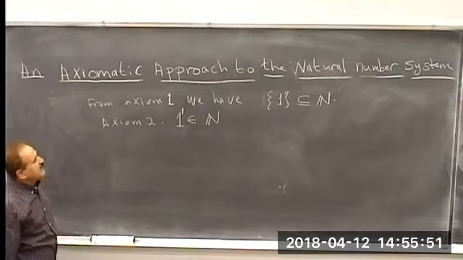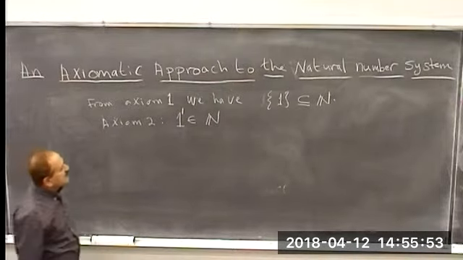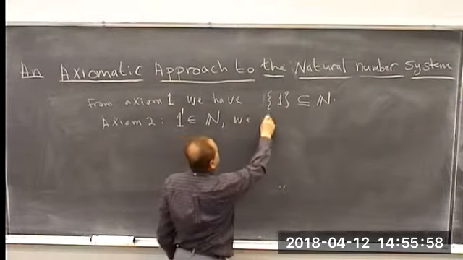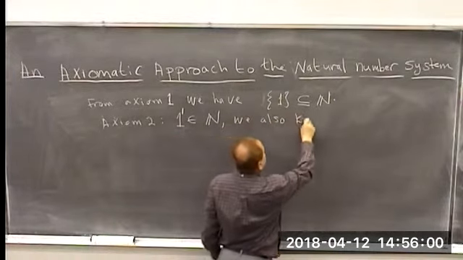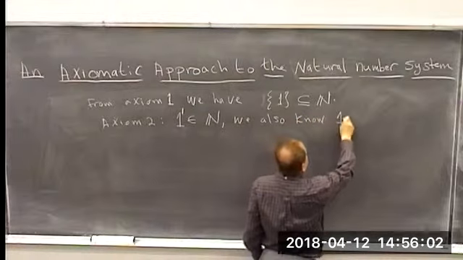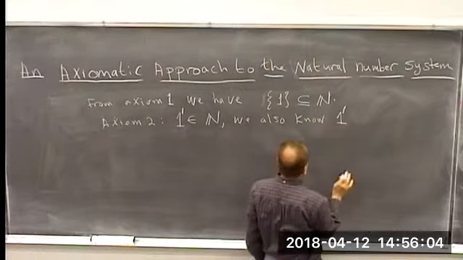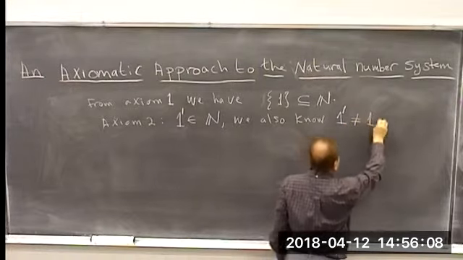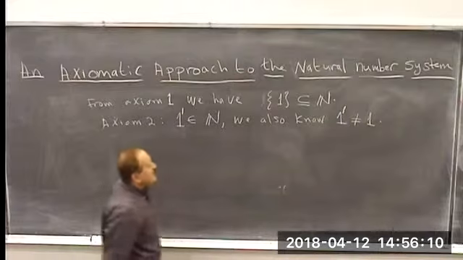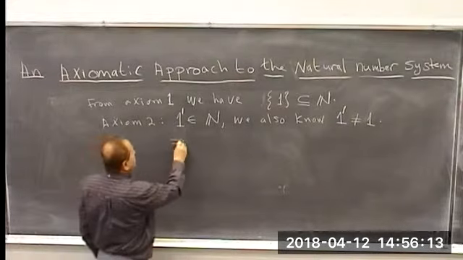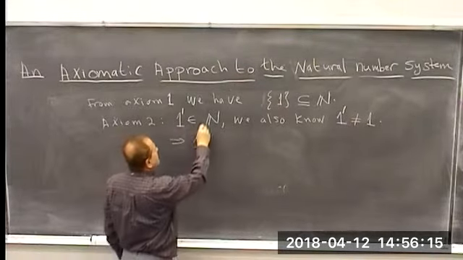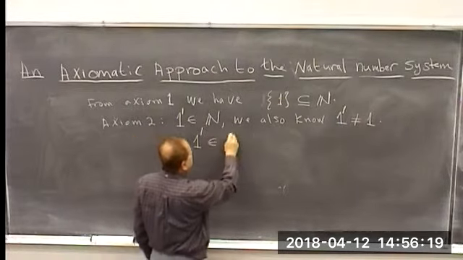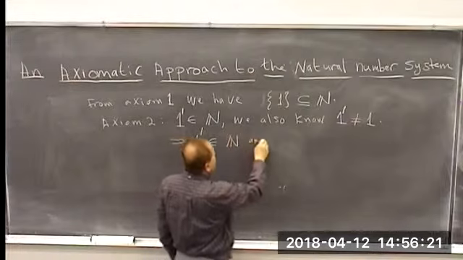And also we know that the successor of any element in N, in this case 1, does not equal 1. So this implies by this axiom that 1 prime is another element in N and not equal.